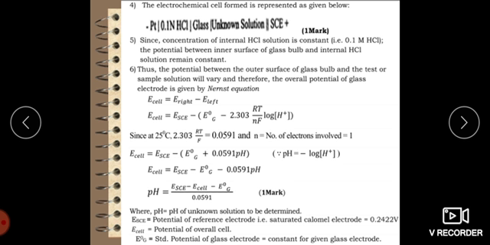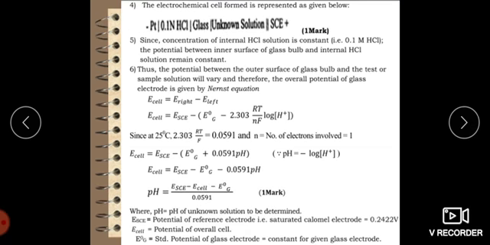How do we determine the potential of this total cell? It can be determined by this equation: E cell is equal to E right minus E left.